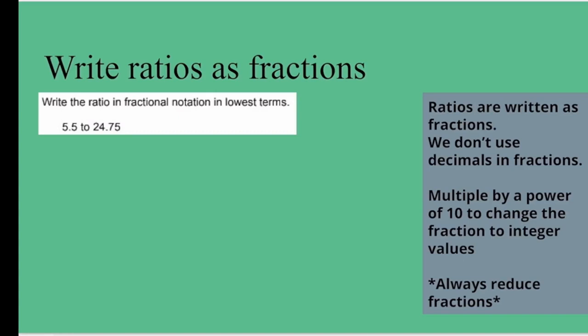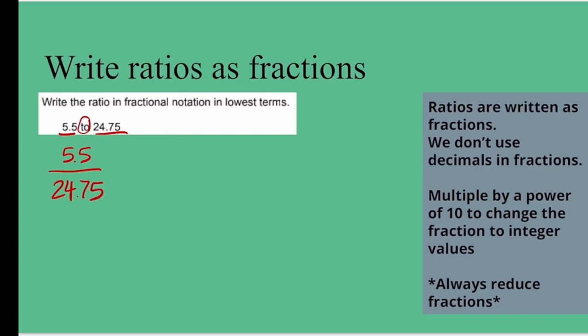All right, question 3. Write the ratio in fractional notation in lowest terms. So again, a ratio is comparing two pieces. We don't typically use decimals in fractions, but this is saying that they want 5.5 in the numerator and 24.75 in the denominator.